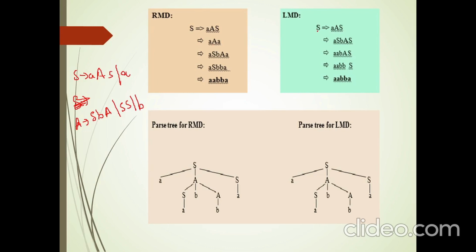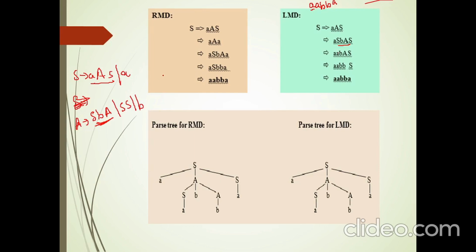First, let's obtain an LMD for the string AABBA. How do I obtain it? First I want A, so from the start symbol the right rule is S gives AAS. After that I got A. Next one to obtain is B. Next one to obtain is now A. So A can give me this, so better to apply this on A. A gives SBA.